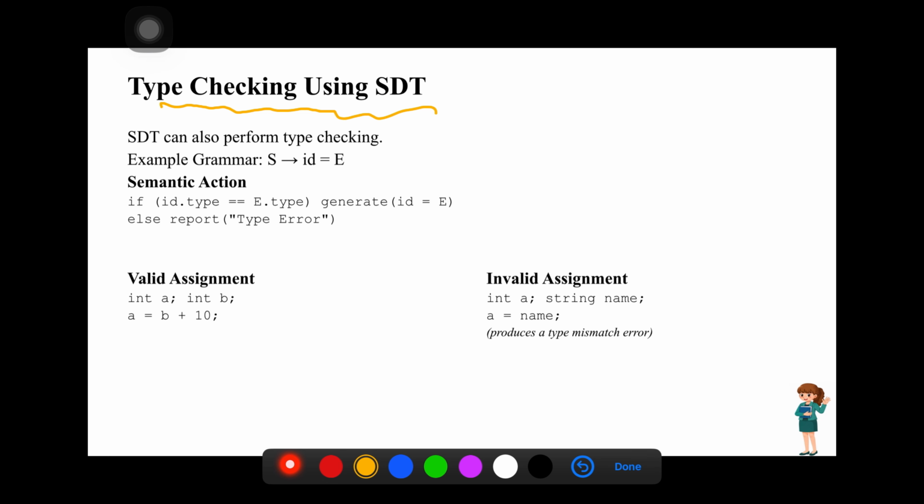But consider int A, string name, A equals name. This is invalid because we are trying to assign a string value to an integer variable. The semantic action can compare the type of the left hand side with the type of the expression. If they are incompatible, the compiler reports a type error.